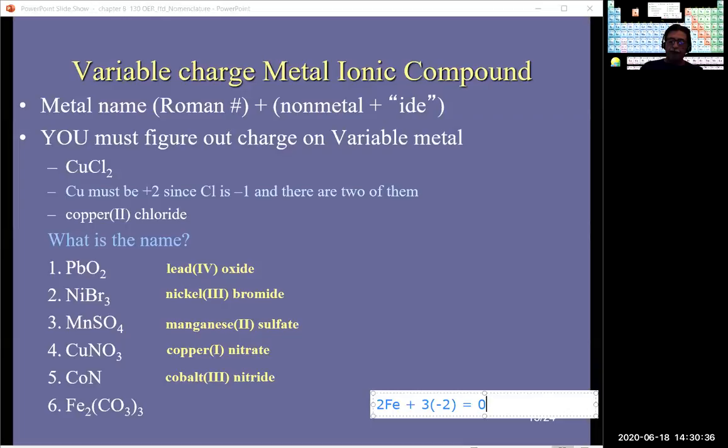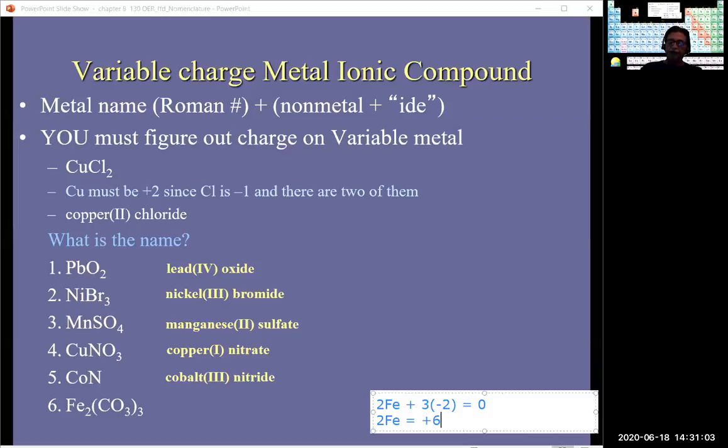So if we take, rearrange this, we get 2 iron is equal to a +6, right? Because I took -2 times 3, that's a -6. I moved it over to the right side of the equation.